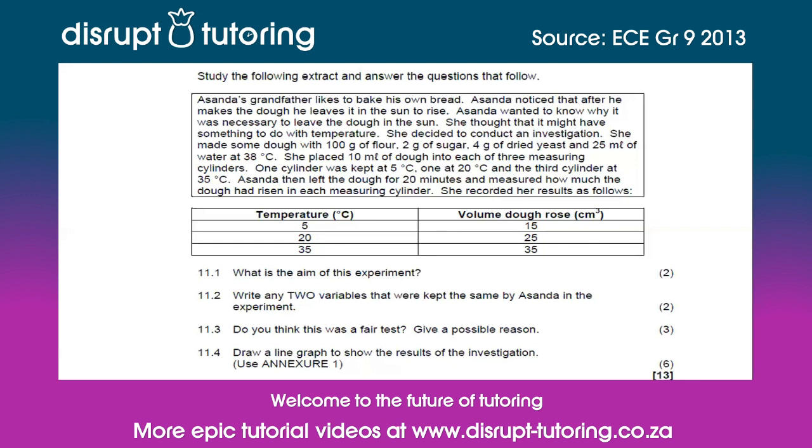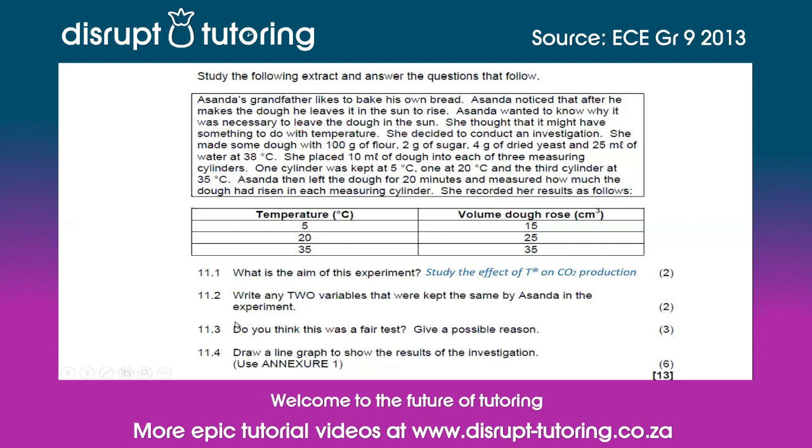So in Asanda's experiment, the aim of the experiment was to study the effect of temperature on carbon dioxide production, because what she varied was the temperature of each of the different cylinders.